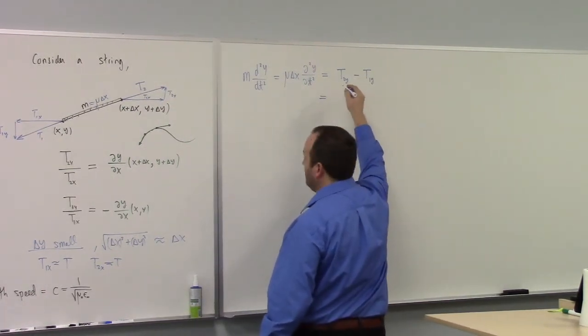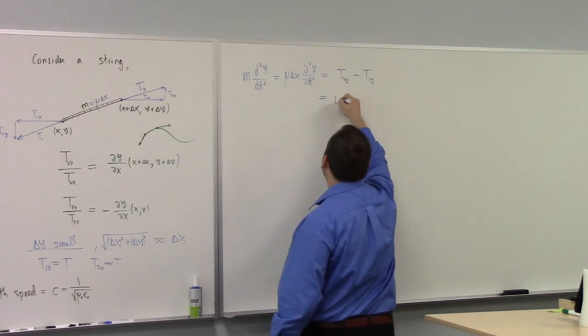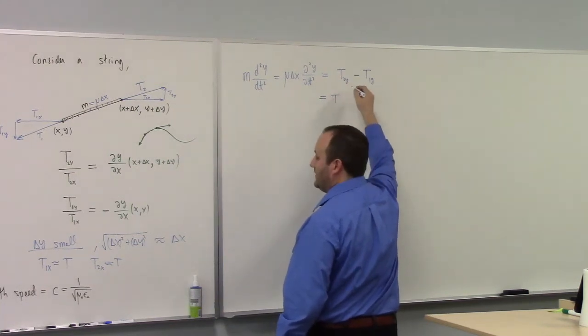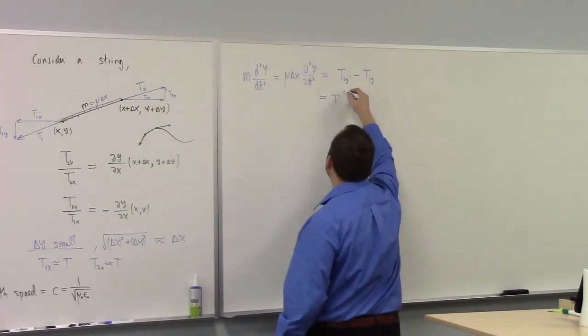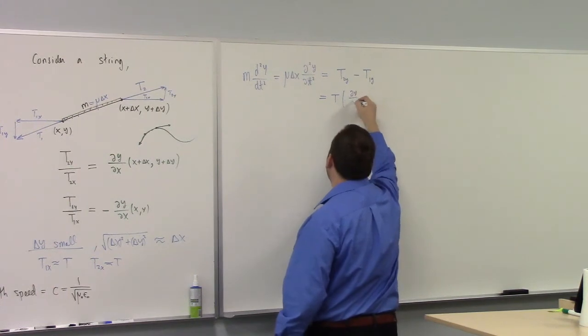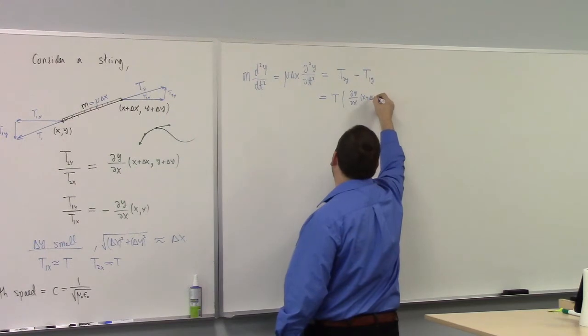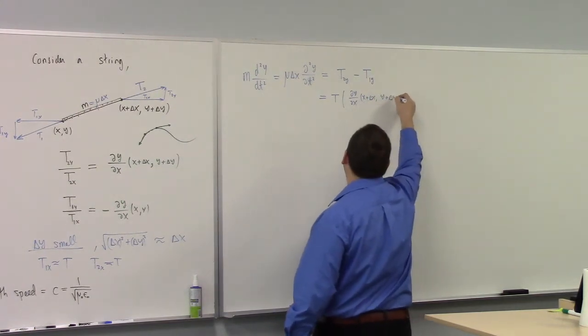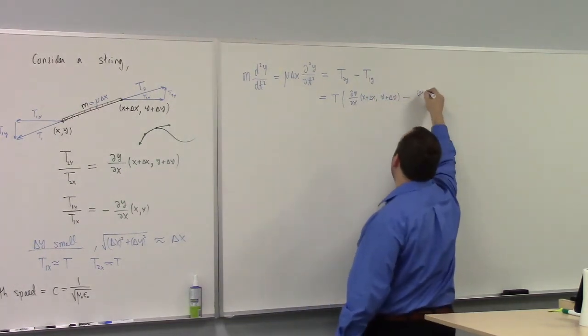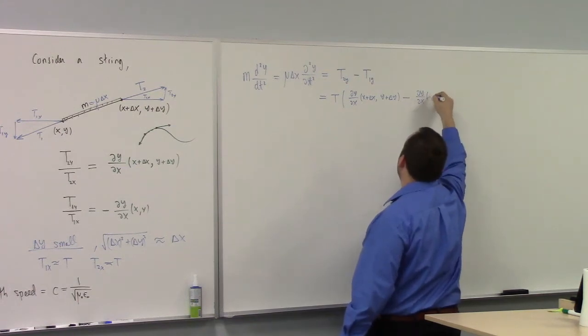Let me just get to the point here. What I get is T times partial y, partial x at the point x plus delta x, comma, y plus delta y, minus partial y, partial x at the point x, comma, y.